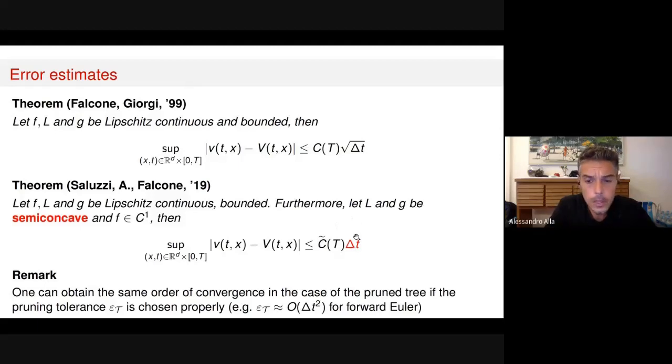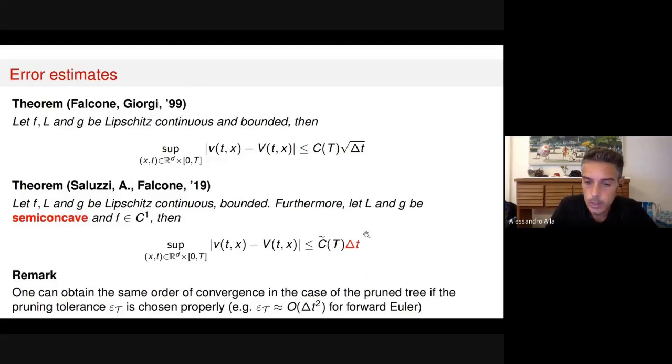What does it mean that we have order 1 here? That is essentially the same order of convergence of the method that we are using in approximating the differential equation. Because here we are using forward Euler, which is order 1, so big O of delta t. And here we get the same order of convergence for the value function.